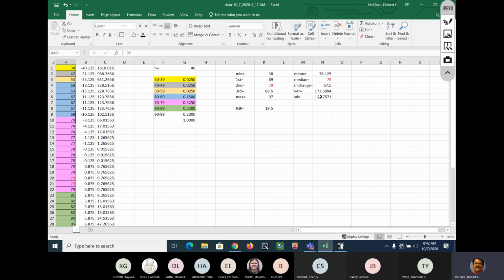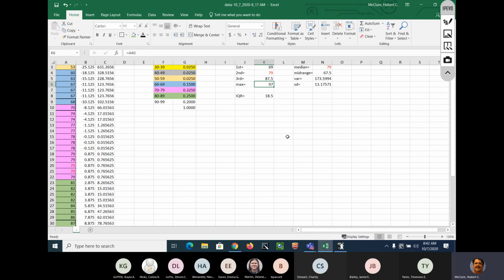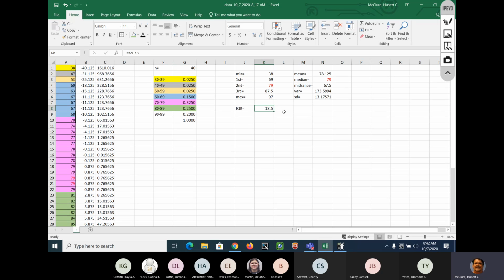So my third quartile equals 87 plus 88 divided by 2. And that should, well, it doesn't look like it did. Interquartile range is this minus this. Dang, I still don't have it right.